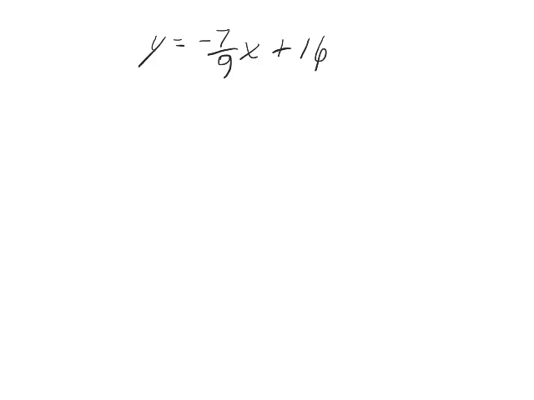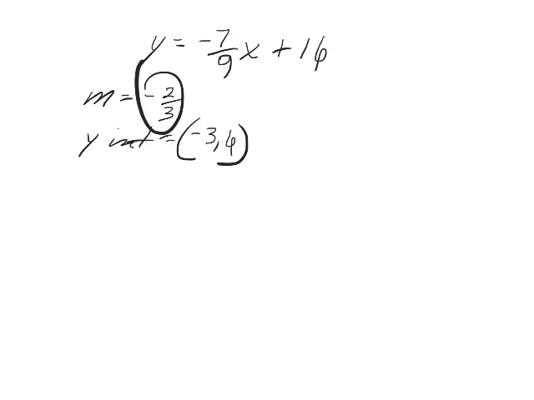Okay, example 4, we've got a slope of negative 2/3, and we have a y-intercept of negative 3.6. And we're interested in finding the equation of the line. Well, we've got one of the parts done, so we have y equals mx plus b. So we have y equals negative 2/3 x plus b.